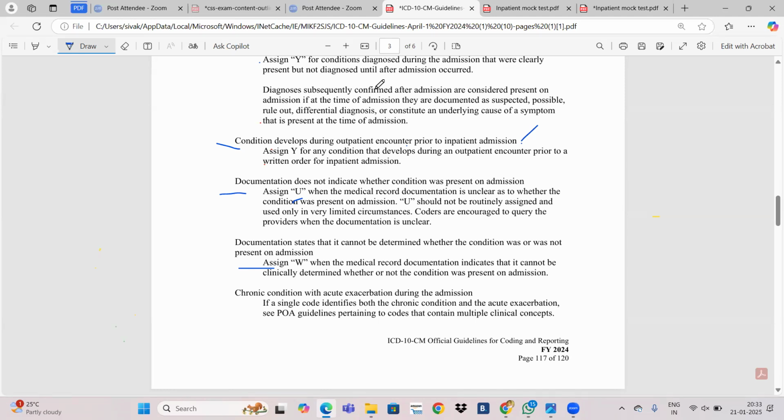Provider states, I am unable to determine the POA status of the condition. What indicator will you assign in this situation?